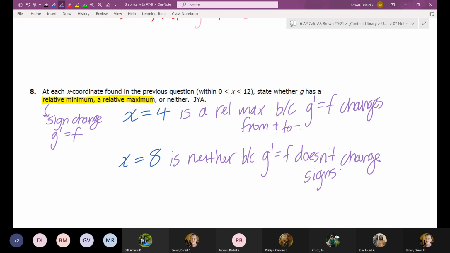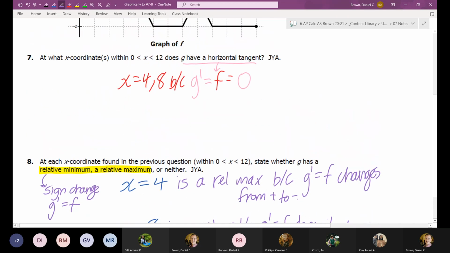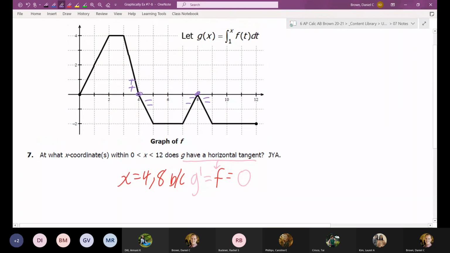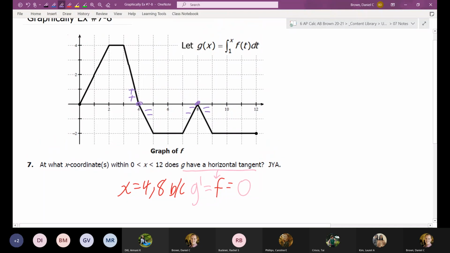Questions or things I can clarify on that? Yes, Mitch. So back to 7. It says it's between 0 and 12. Why isn't 0 one of the x values? I made the interval this way because in calculus we never talk about relative extrema on the endpoints.